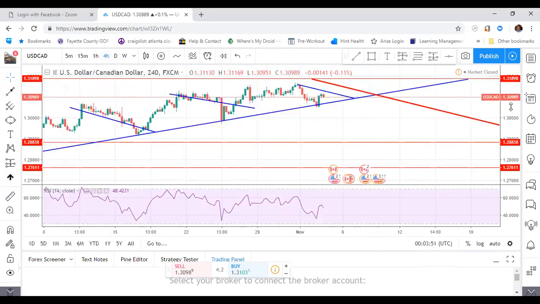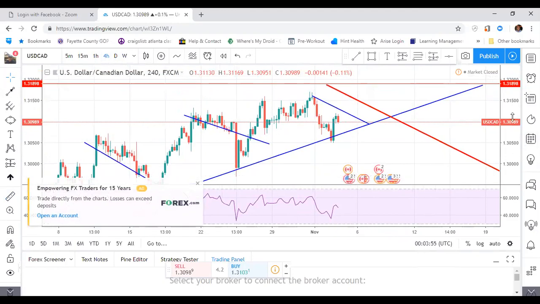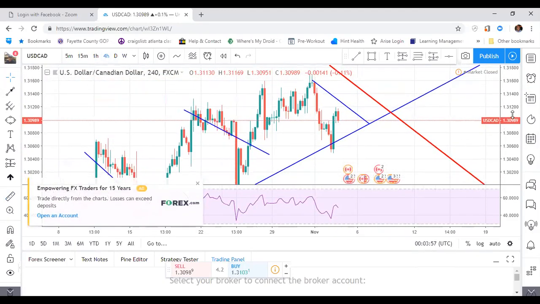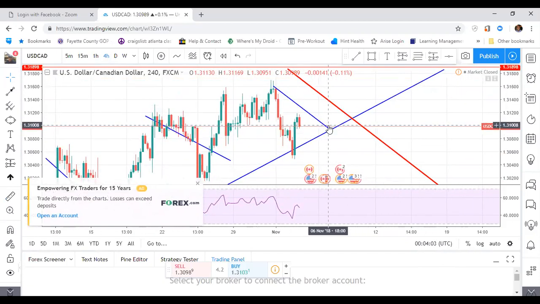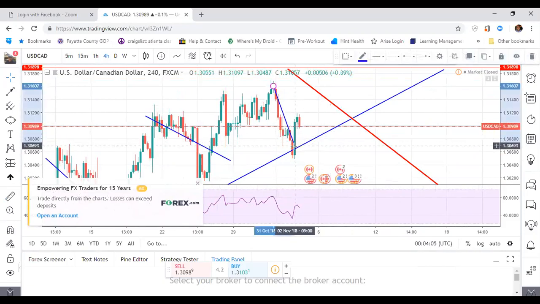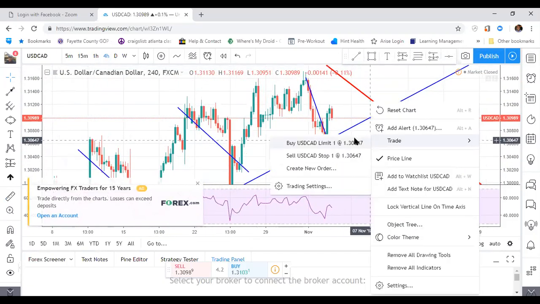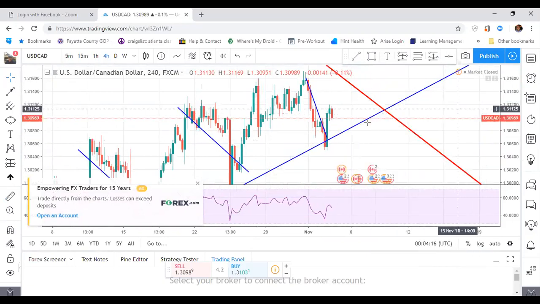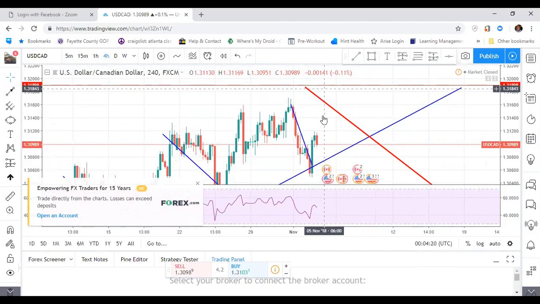Okay, a little different, but you see the markings are there. So now you see a little bit more, right? You see this flag? See that? So if you wanted to, you could ride this up for your 89 pips up here.